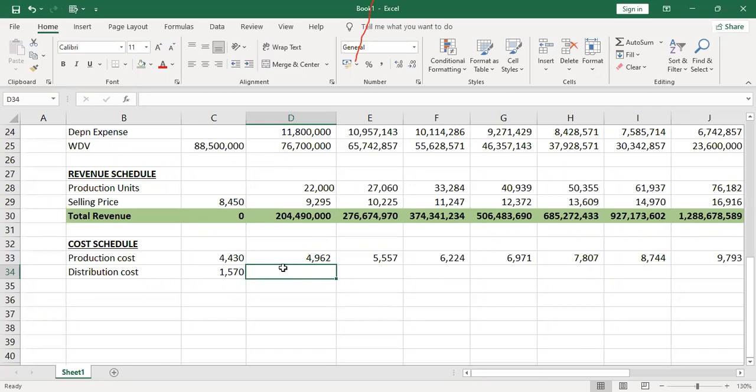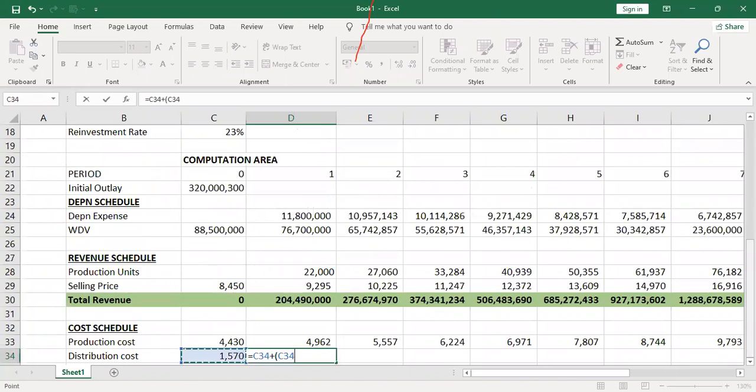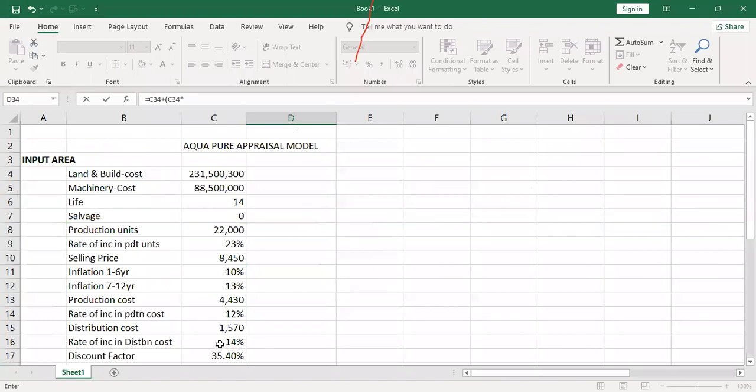So distribution cost in year 1 equal to distribution cost in year 0 plus open the brackets, distribution cost in year 0 times the rate of increase in distribution cost, which is 14 percent, and then you fix that cell.